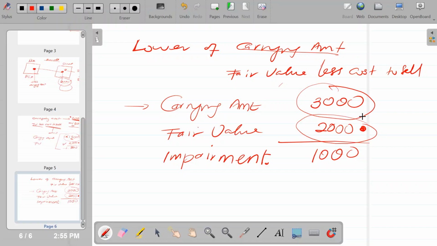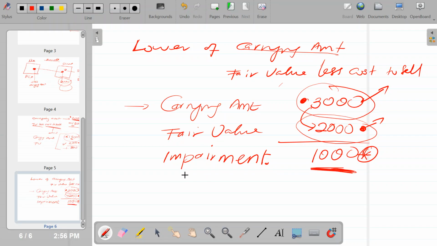So if we say we'll get 3,000, but we can get only 2,000, it means the asset has been impaired. So the standard says when you are classifying a non-current asset as held for sale and the carrying amount is more than the fair value, the difference is treated as impairment.